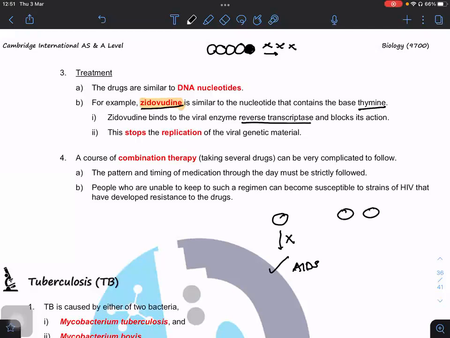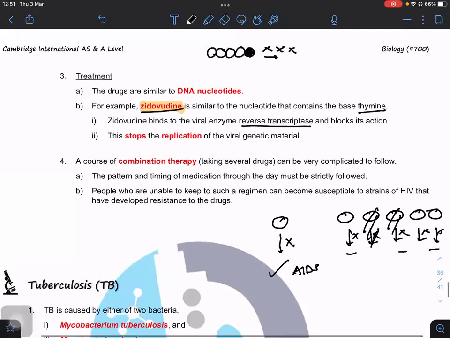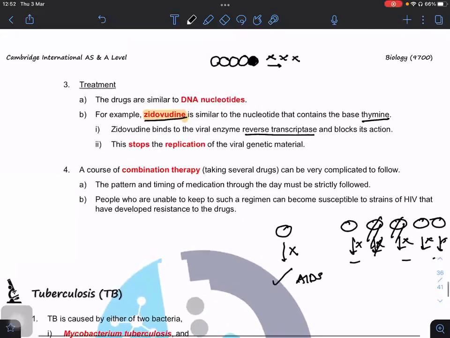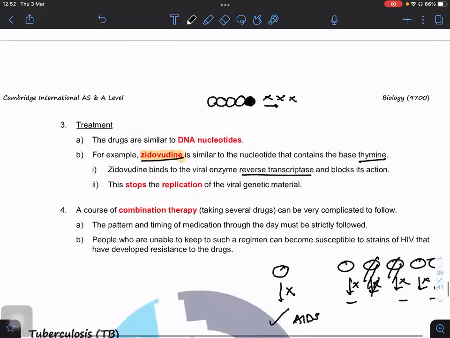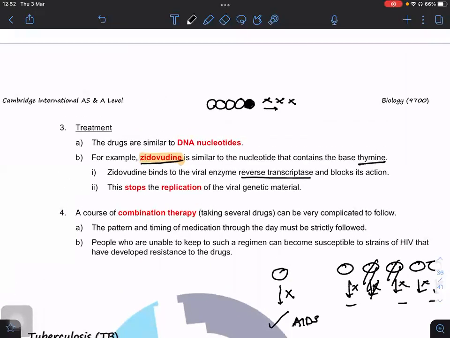So we give multiple different types of drugs. It is very unusual for all of them to become resistant. If some drugs become resistant, we cannot use them, but the other drugs are still effective. This is what we mean by combination therapy. Okay, so with this, I'm done with HIV and AIDS.